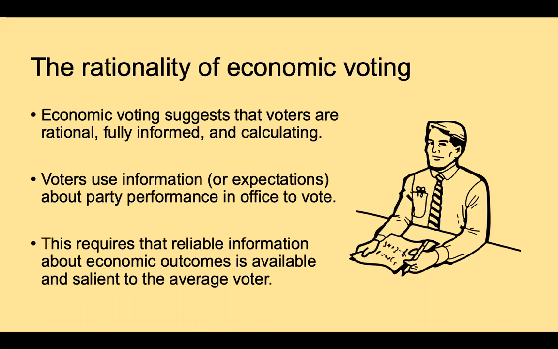But one thing is for sure, if we accept economic voting and the theory of economic voting, we are endorsing a view of the voter as quite rational and quite informed and quite knowledgeable and calculating and shrewd and capable of deciding based upon the information available to them what is best for them, and not just what is best for them, but correctly so, because that is what the theory requires.